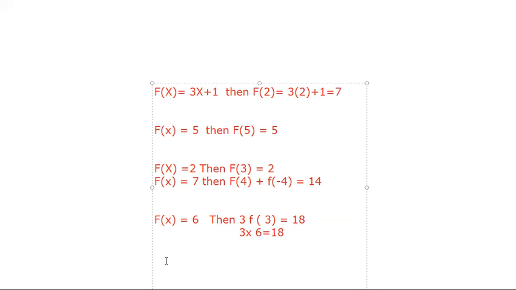Do you want one more question for the bonus? Yes, the last one. Okay, f of x equals 21. Then f of 2 divided by f of 3 will be how many?